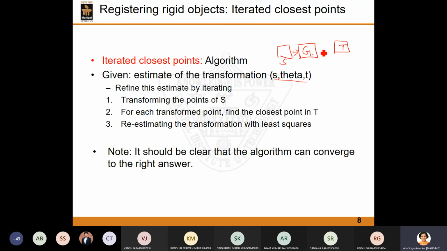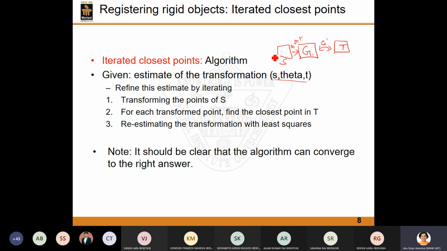This correspondence that we find between these two, we can call CI, as I told earlier. Each time I do a transformation, I also find the correspondence, and after I find the correspondence, I vary the values of S, theta and T over different iterations.